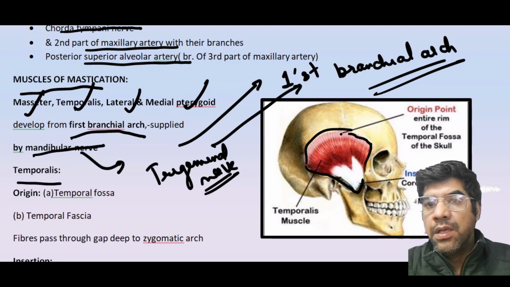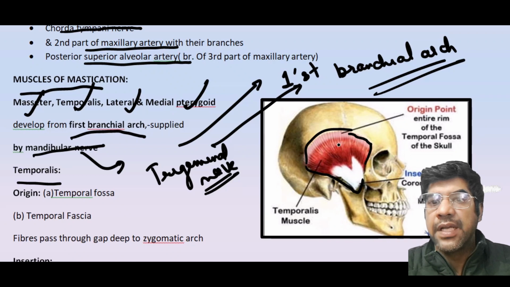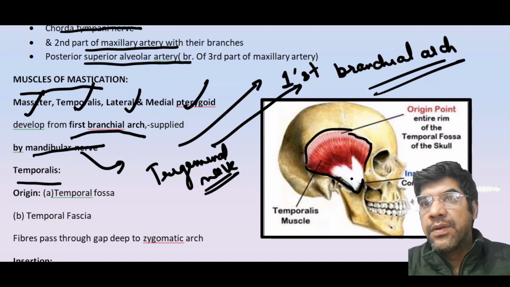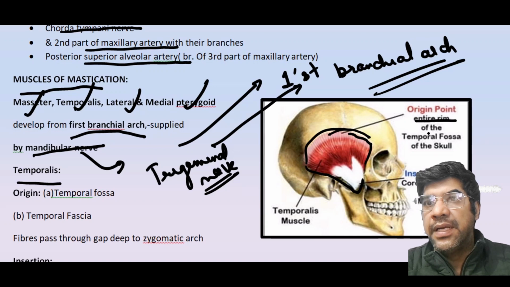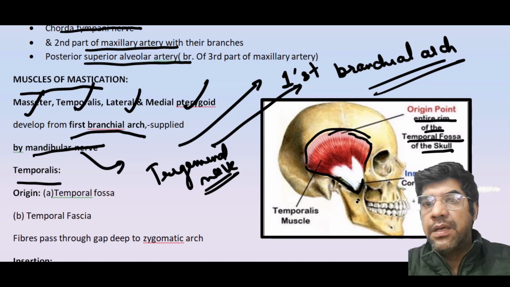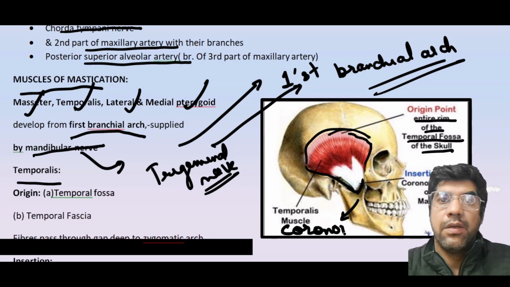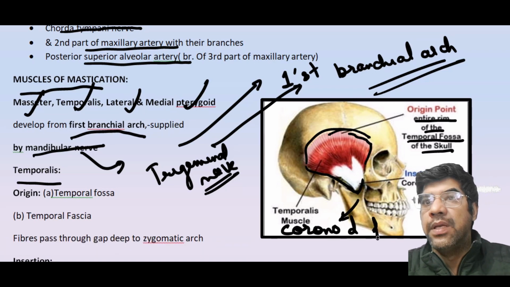It originates from the temporal fossa excluding the zygomatic bone. The origin is the entire rim of the temporal fossa of the skull. Where does it insert? It inserts into the deep process of the coronoid process of the mandible.